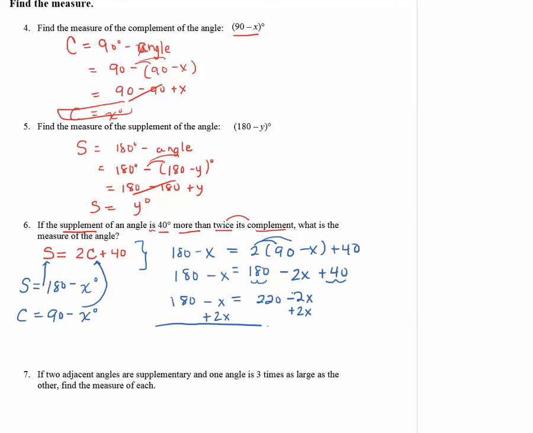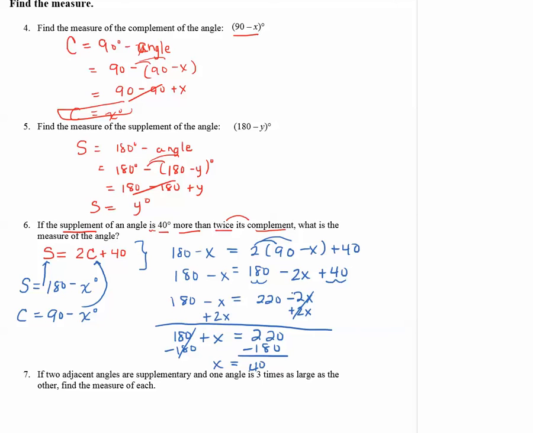So I have 180 minus x plus 2x, and minus 1x plus 2x equals positive x. So 180 plus x equals 220. Now let's subtract the 180, and 220 minus 180 is equal to 40.